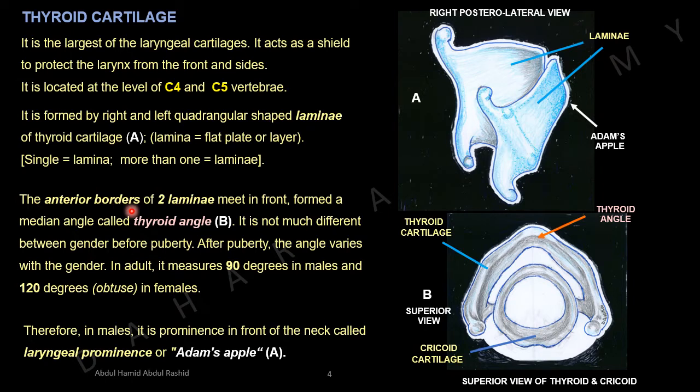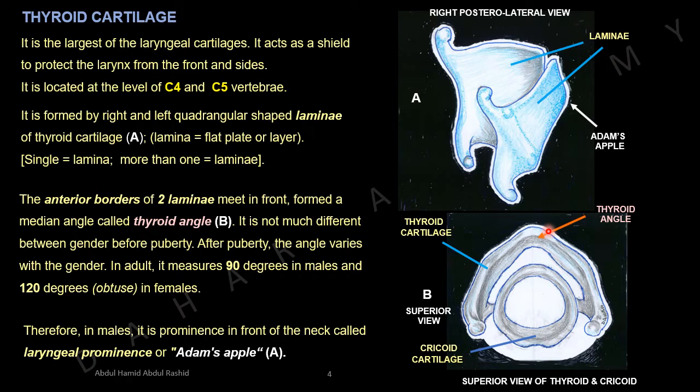The anterior borders of the 2 laminae meet in front and form a median angle called thyroid angle, B here. Here, the 2 laminae of the thyroid cartilage meet in front and form the thyroid angle.